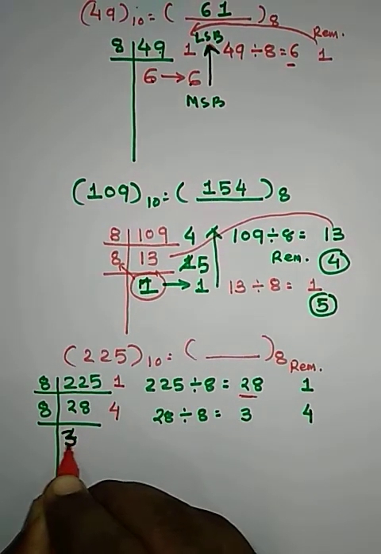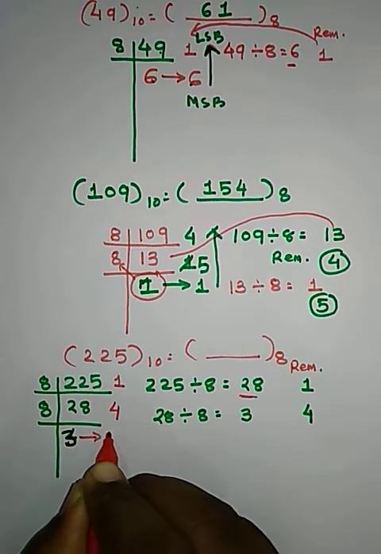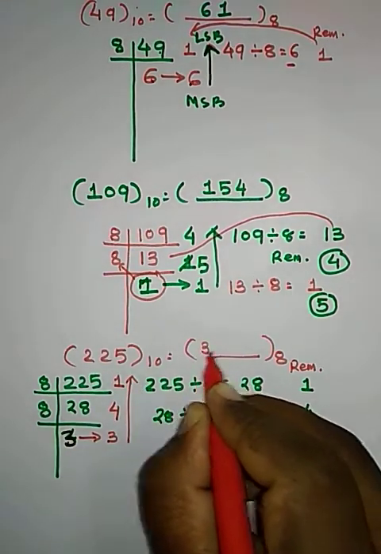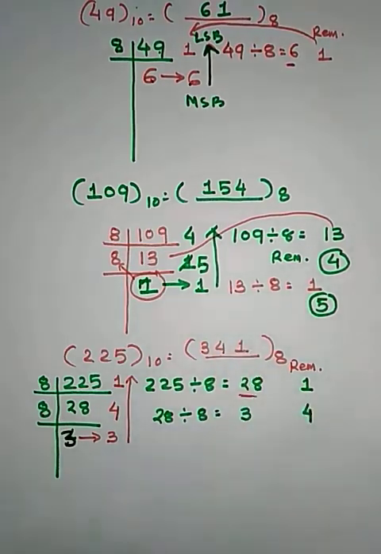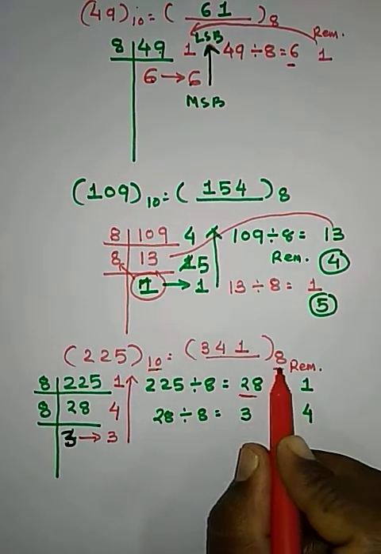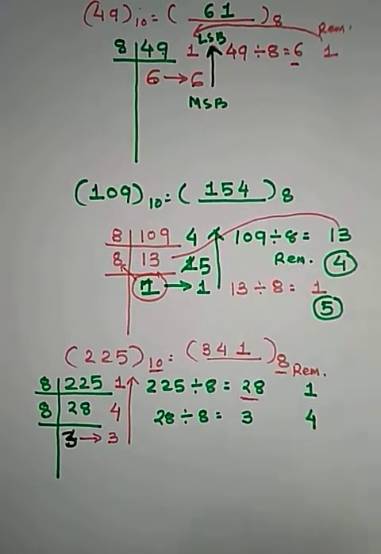Now this 3 is less than 8. So put here 3. What is the answer? 341. In this way we can convert the given decimal number into octal. Now we will discuss another example next.